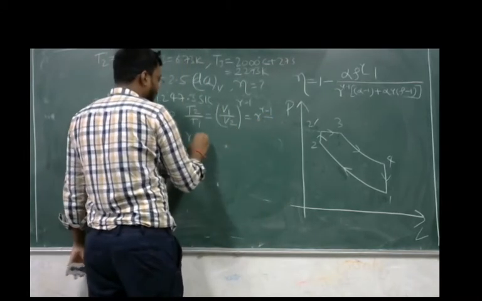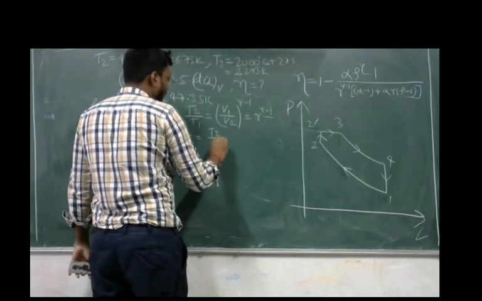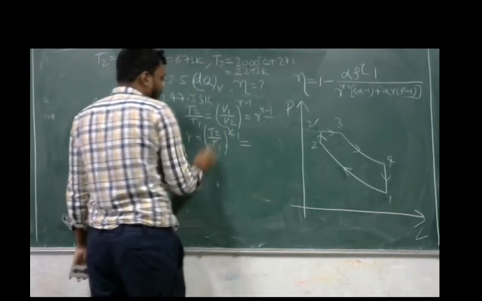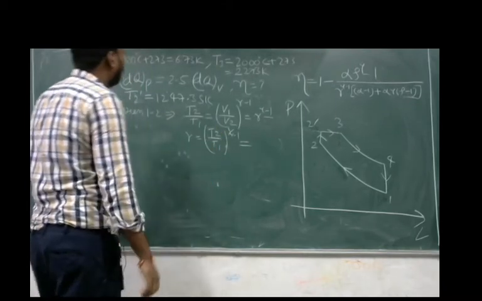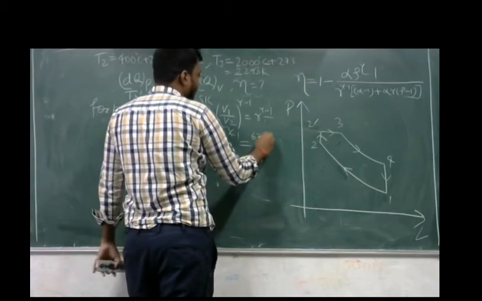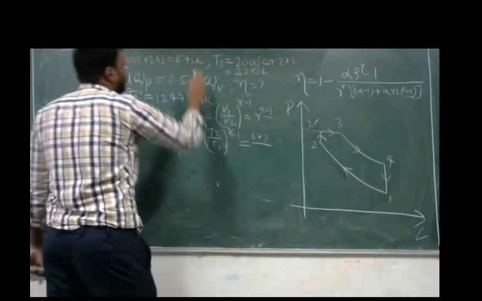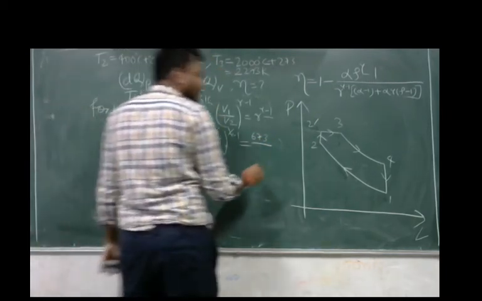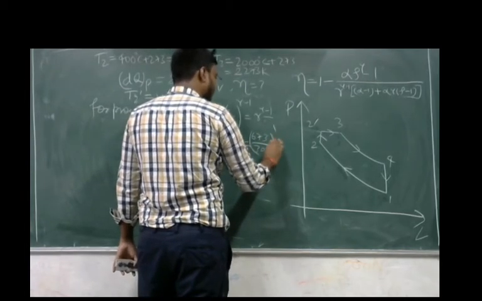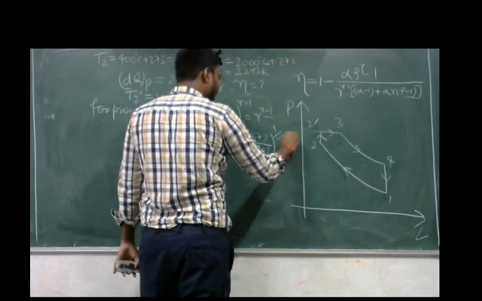So r is equal to (T2 by T1) to the power 1 by gamma minus 1. We know all the temperature values, so put T2 as 673 divided by T1 as 303, to the power 1 by (1.4 minus 1).